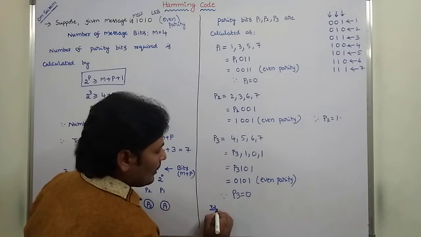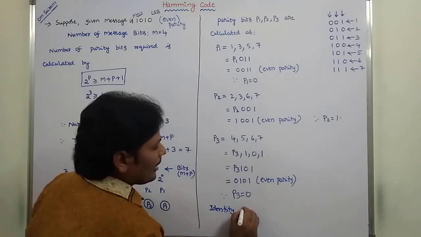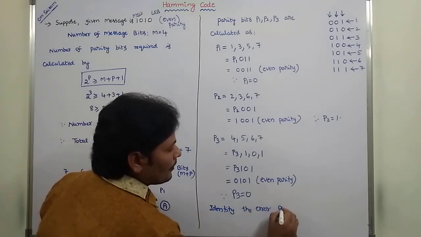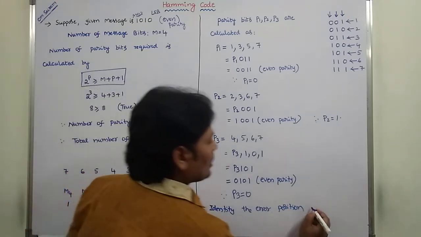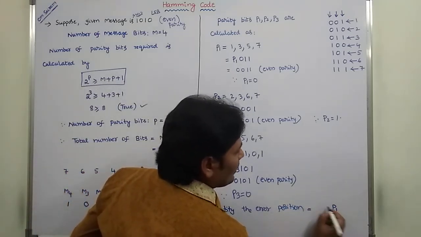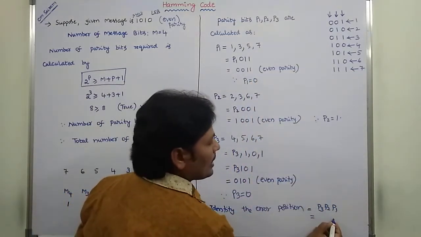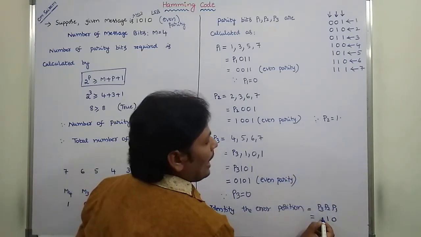identify the error position. Error position is equal to P1, P2, P3. What is the P1, P2, P3 value? P1 value is 0, P2 value is 1 and P3 value is 0.